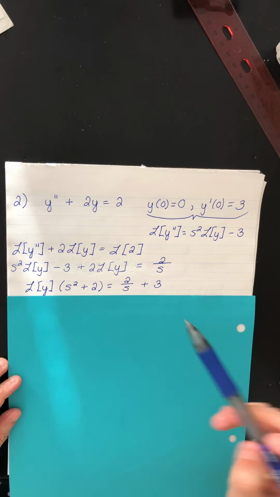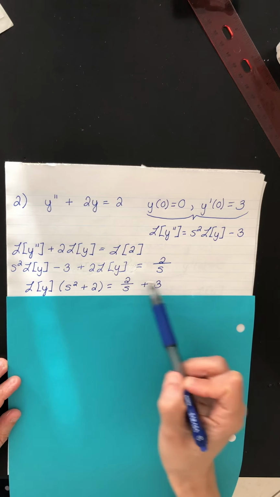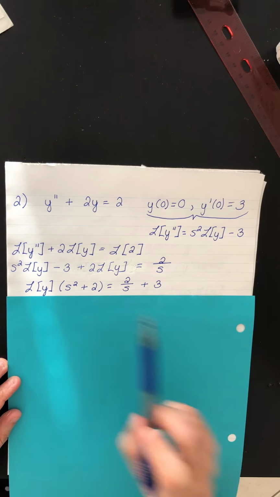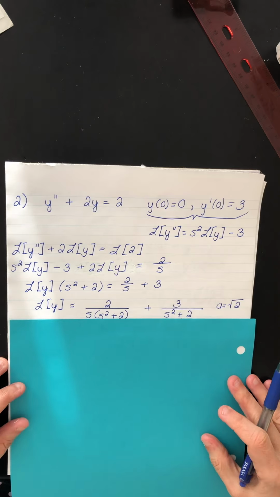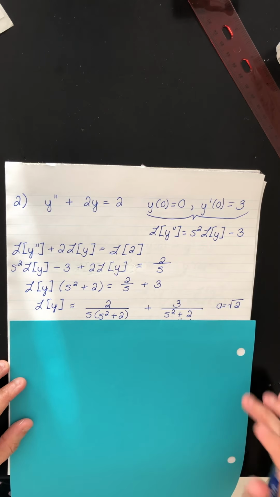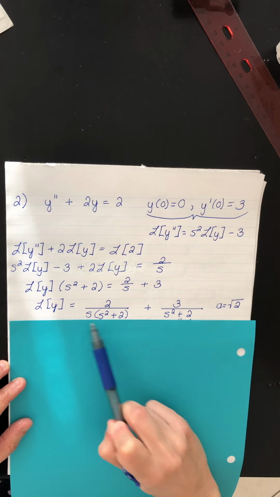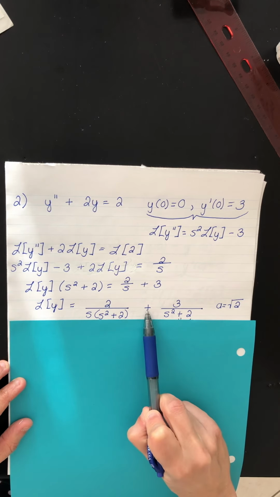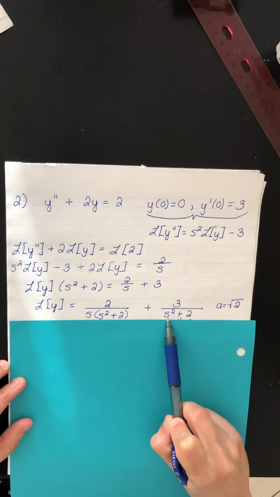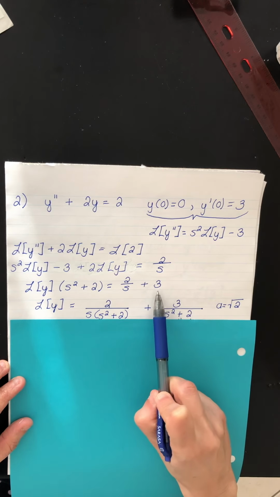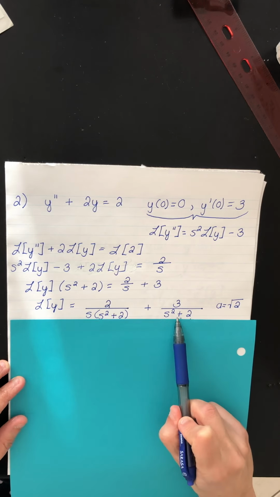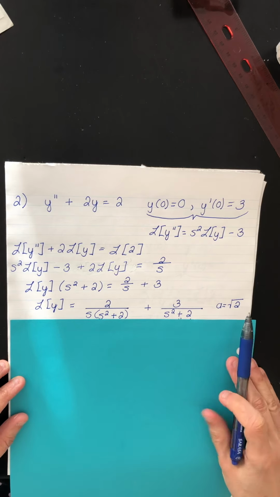So what I'm going to do now is divide each of these terms by s squared plus 2. And that ends up looking like this. s times s squared plus 2 in this denominator. And here, of course, there was nothing but 1 underneath, so the denominator is s squared plus 2.